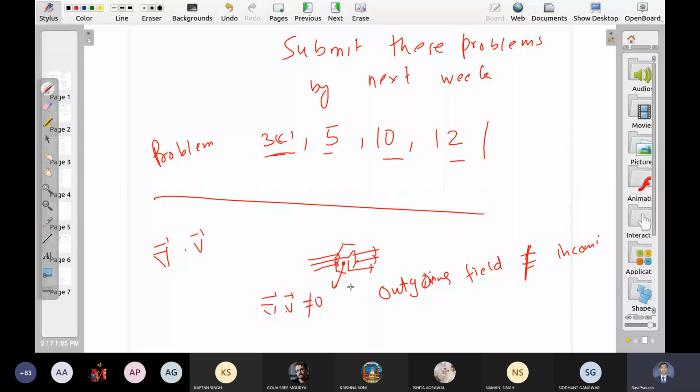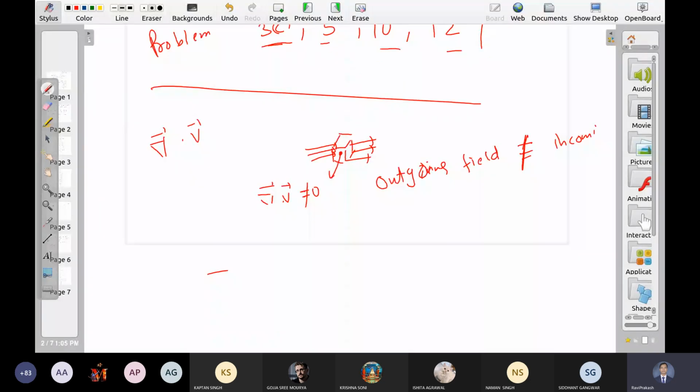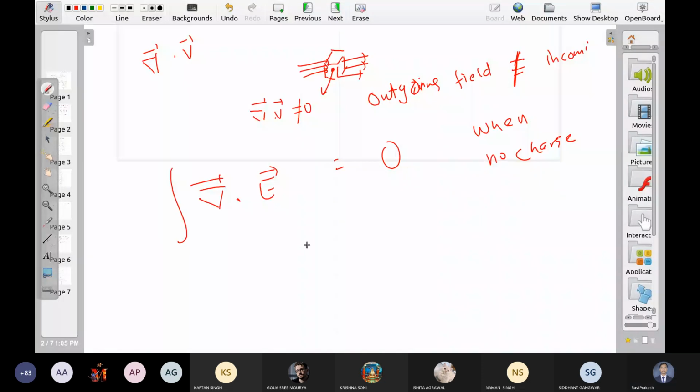In fact, that is the main definition of Gauss law. What does Gauss law say? Net outgoing flux is equal to 0 when no charge. It means that net outgoing flux is 0. Let us say this is a surface.